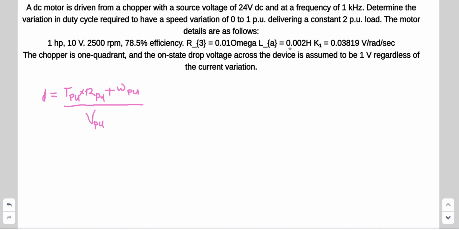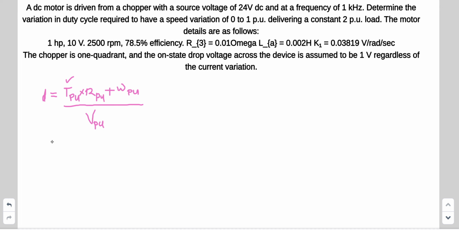T per unit is given, delivering a constant 2 per unit. We have the actual R value, we have to calculate R per unit, and omega per unit is given in the variation 0 to 1 per unit. We also have to calculate V per unit.